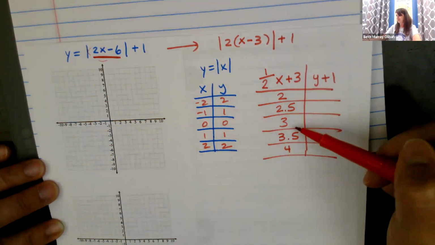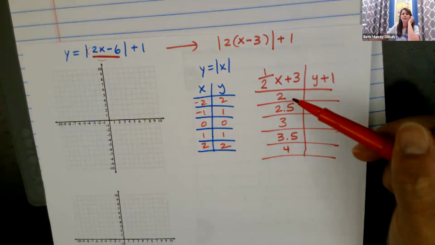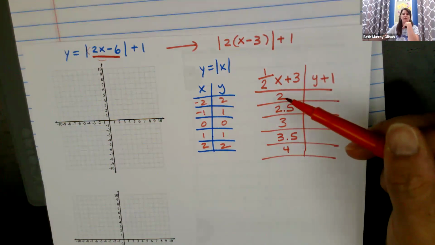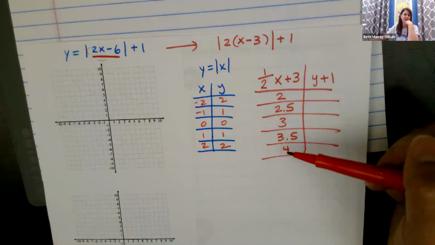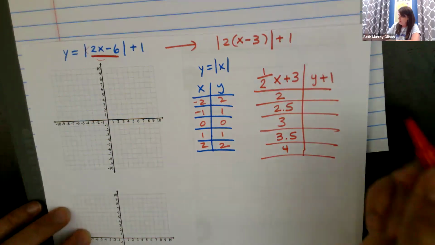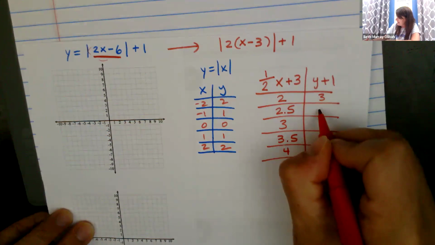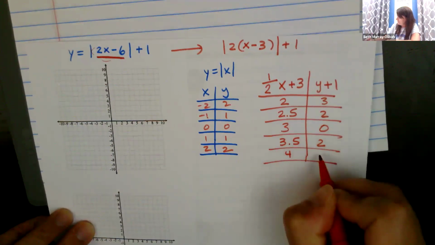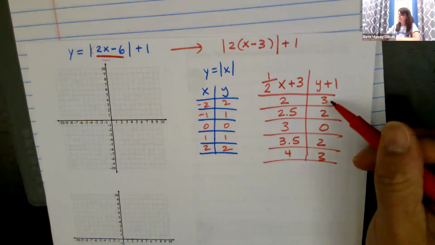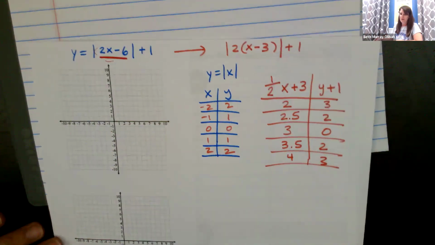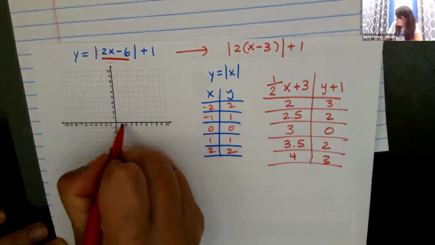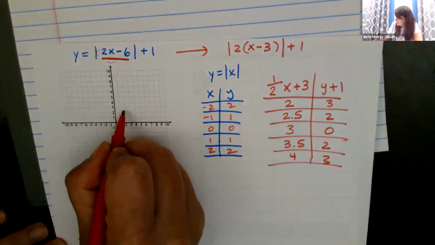So again, you see there's a pattern. Instead of going up by 1 like we've been doing, it went up by 1/2 each time. So again, you could hopefully catch a little mistake if you made one. And then for the y values, I'm just adding 1. And again, you see that pattern, 3, 2, 0, 2, 3. So it's reflexive.